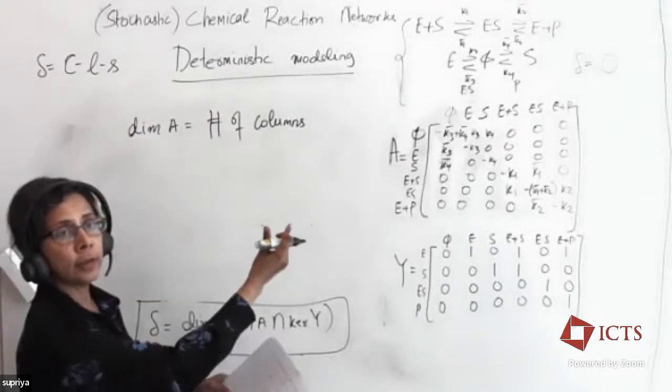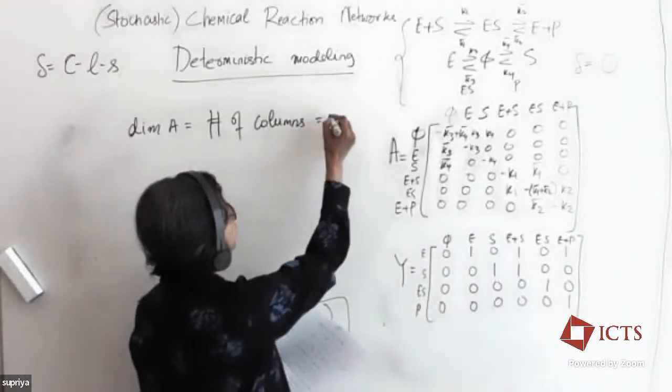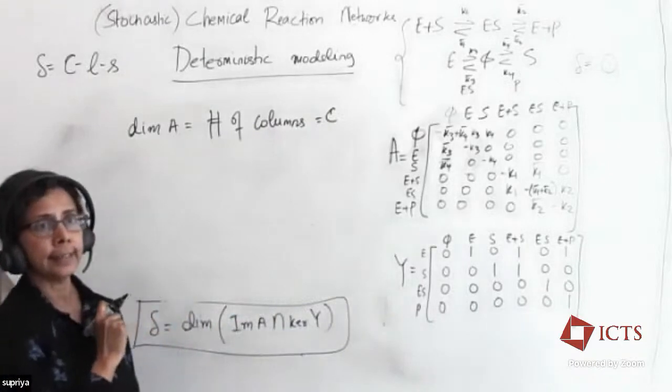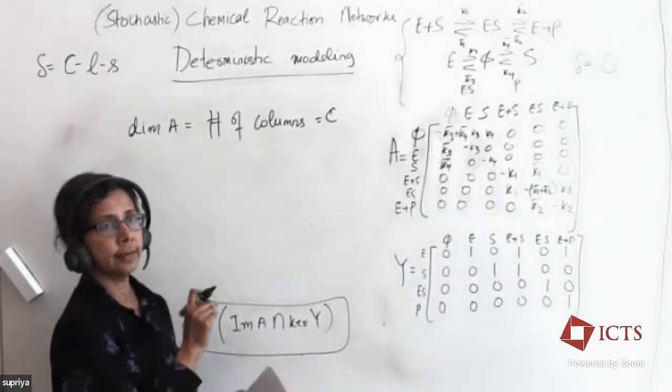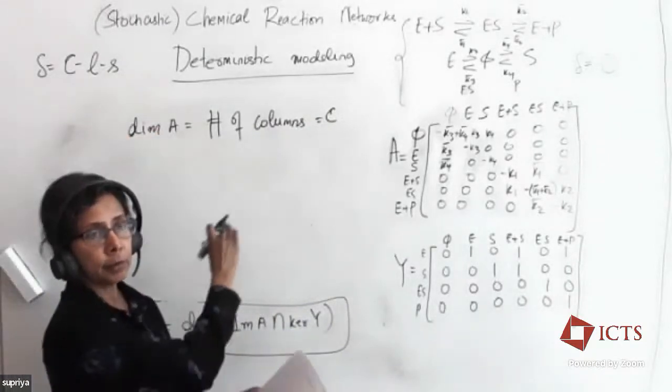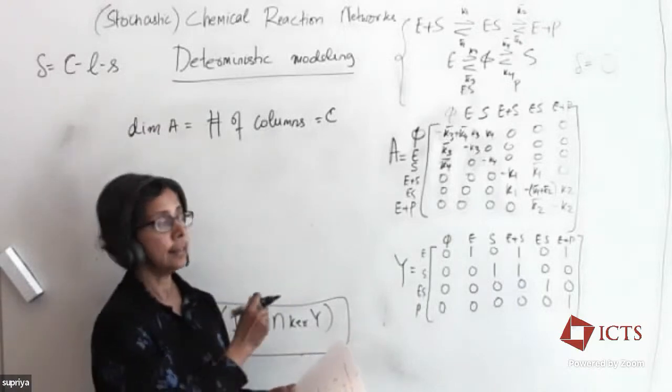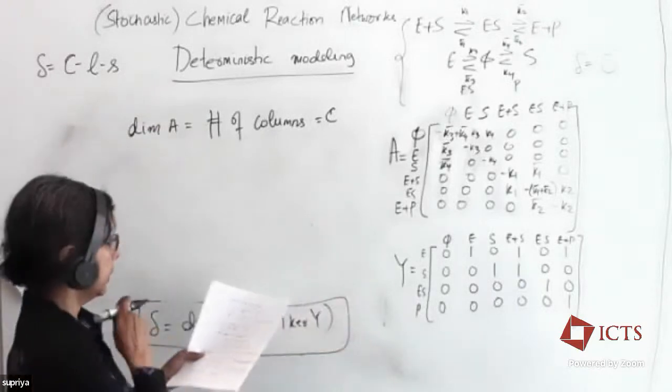And the number of columns or the number of rows here is just our number of complexes C. So that's where the C is coming in. The number of columns is just C, and in this case also the number of rows.